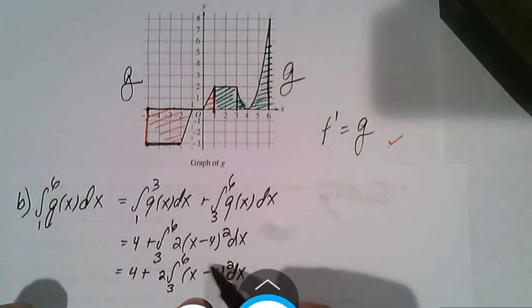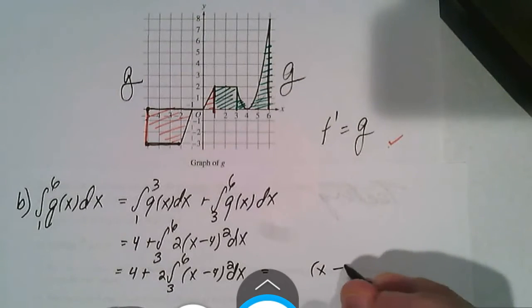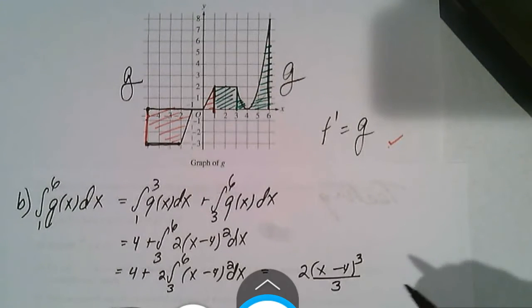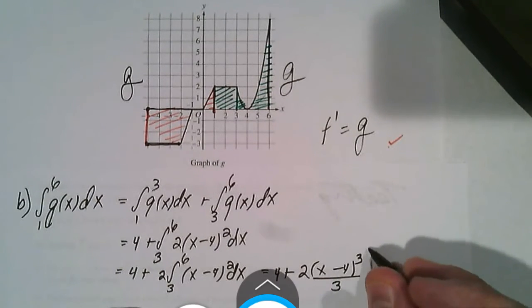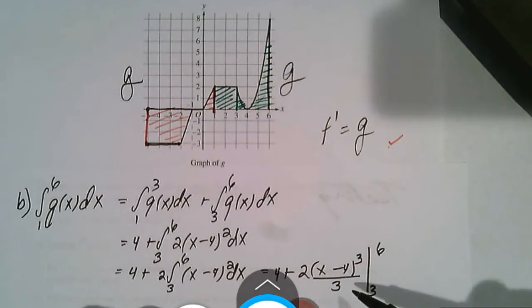But since this is a linear expression, it's being squared, the antiderivative can be found just by adding 1 to the power, so (x minus 4) cubed, and then dividing by 3. You've still got the 2 in front, and you've got the 4, and you've got to evaluate your antiderivative from 3 to 6. You'd get this exact same expression if you chose to do integration by substitution. I'm just going to get there a little bit faster.